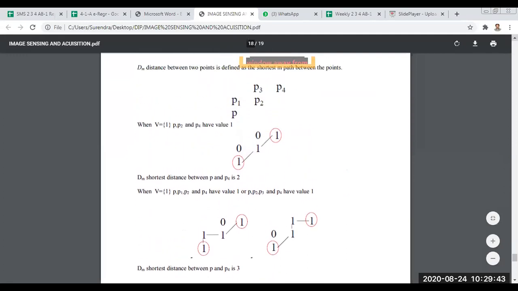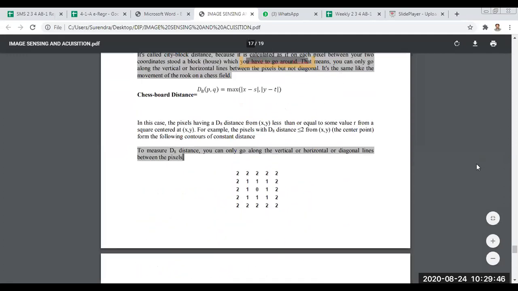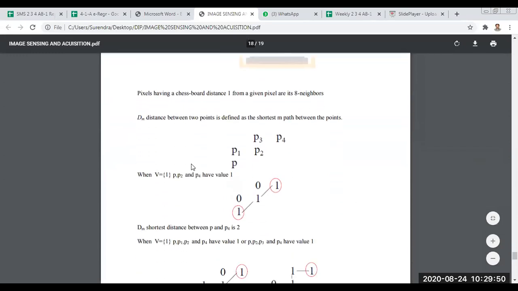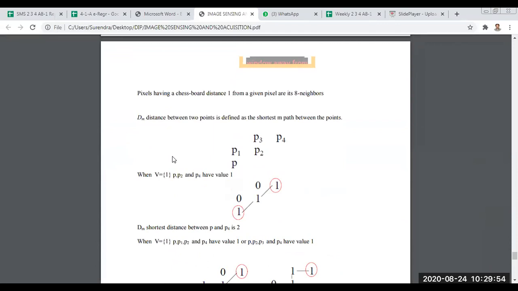Here is another example, the DM distance. The D4 distance is over, the D8 distance is over, now the mixed distance, DM distance. How do we calculate it? Here my pixel arrangement is like this: P is a pixel, with P1, P2, P3, P4.